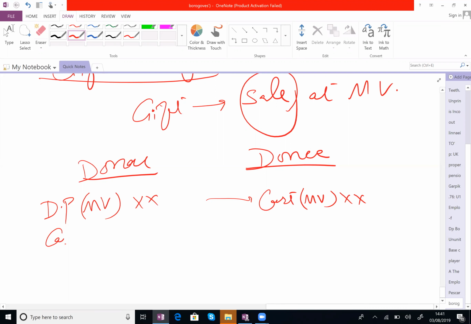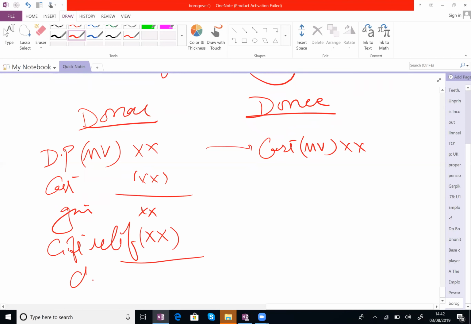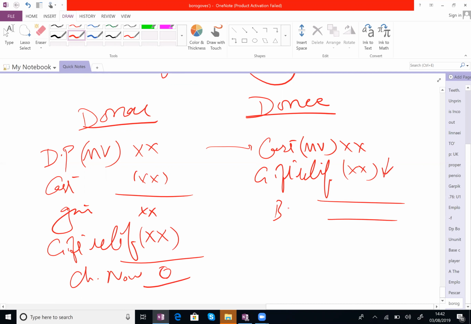Now you will deduct the cost and the gain arises. This gain will be deferred through gift relief. You will claim the gift relief, all gain will be deferred, chargeable now is 0. Today, I will decrease the cost of the donee by the gift relief, the deferred gain. If the cost is decreased today, the future gain obviously will be increased. So the cost of the donee is calculated.